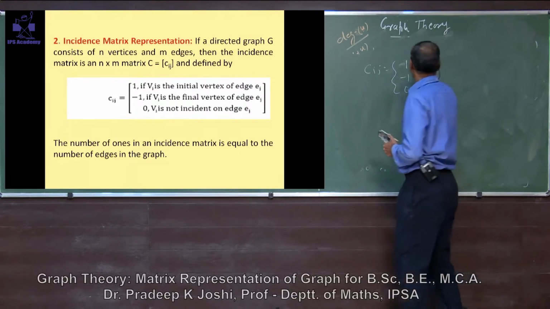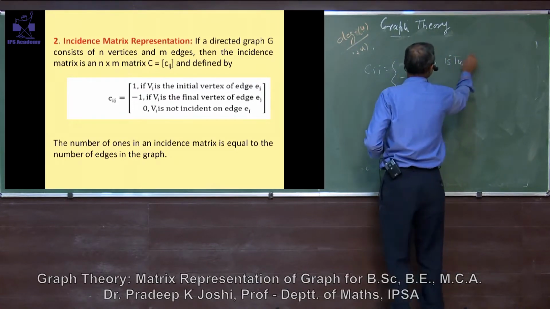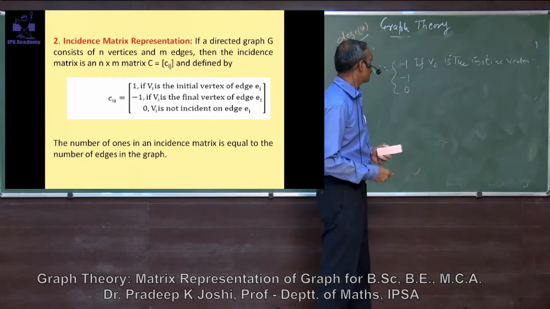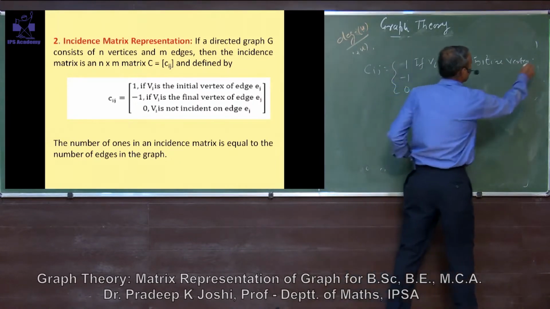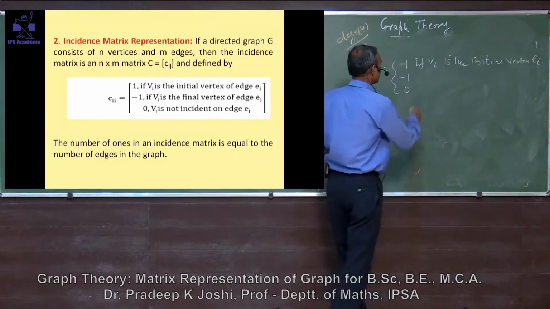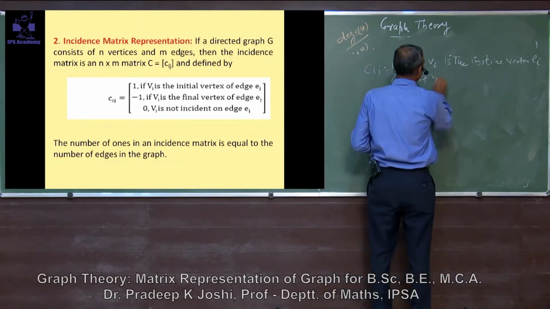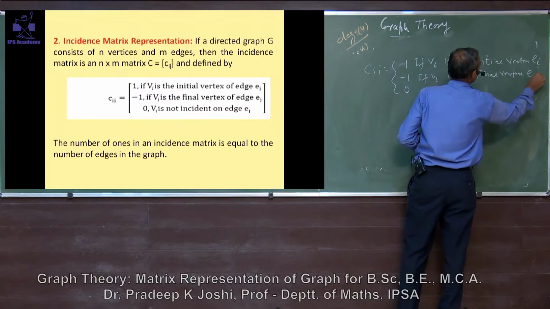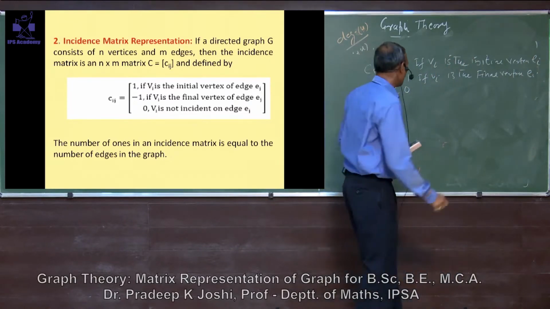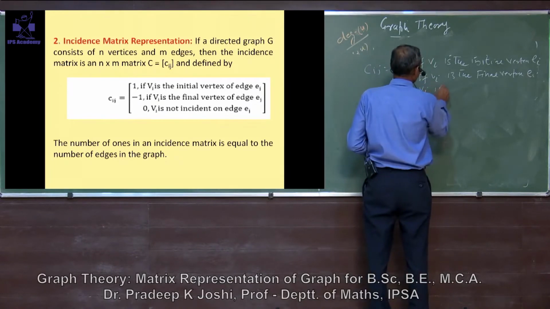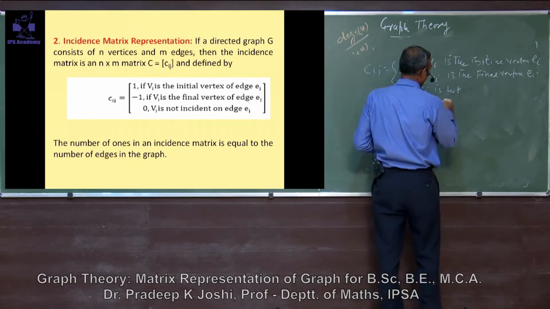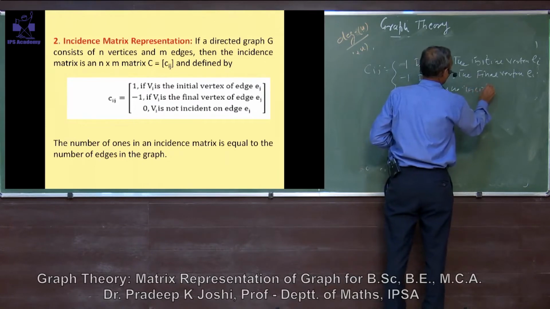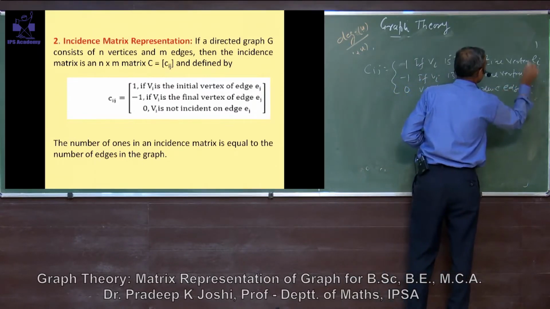So 1 if Vi is the initial vertex of Ei, then put 1. -1 if Vi is the final vertex of Ei, then put -1, and 0 if Vi has no incidence on Ei, then put 0.